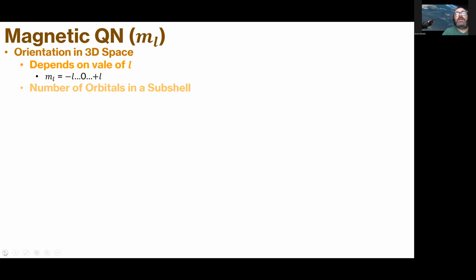Okay, so if L equals 1, let's start with L equals 0 because L can equal 0. If L equals 0, then m sub L has to be 0. You can think of it this way: whatever 0 looks like, there's only one way to orient it in three-dimensional space. So there's one orbital there. If L equals 1, then m sub L could be -1, it could be 0, it could be +1.